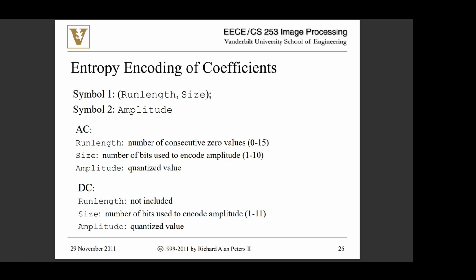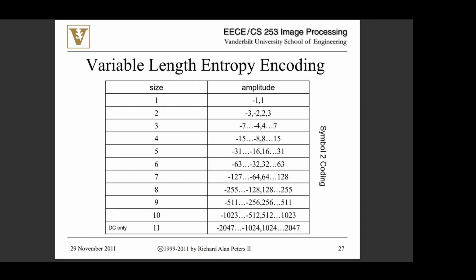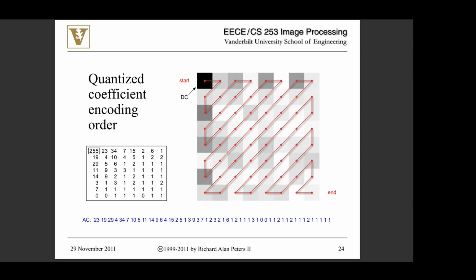And then the number of bits used to encode the amplitude. Not all these numbers have the same amplitude. These numbers tend to have more amplitude than these ones, so we will not use the same number of bits for all of them.